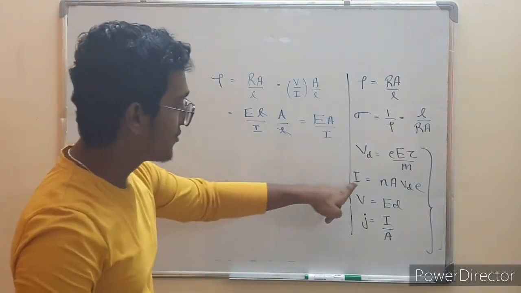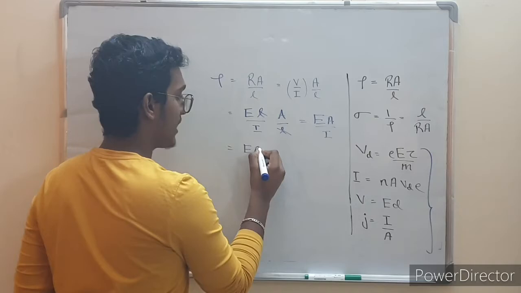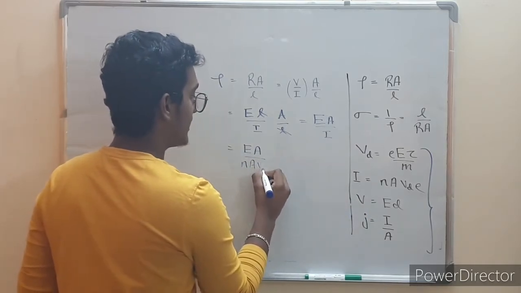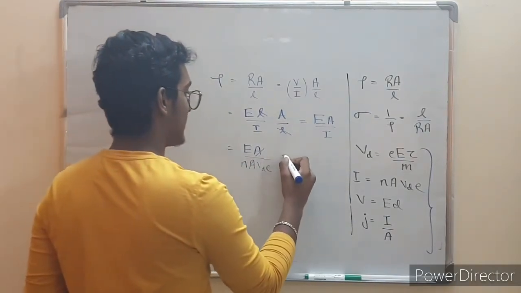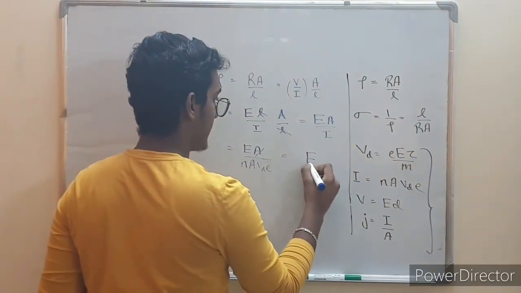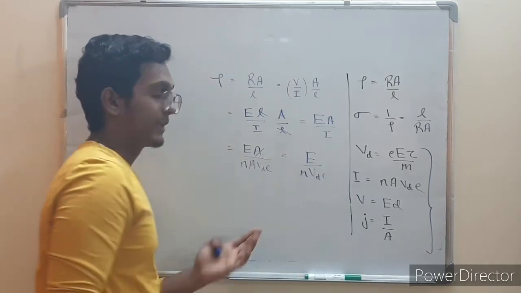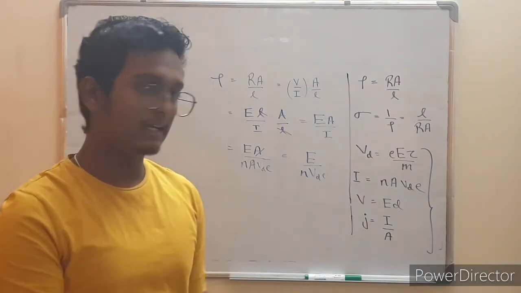Now I'm going to substitute for I. We have I equal to n A v_d e, so EA divided by n A v_d e. We can cancel off the A's and we are left with E divided by n v_d e. We can stop here, and if the question has given you the velocity of electrons directly, you can substitute.